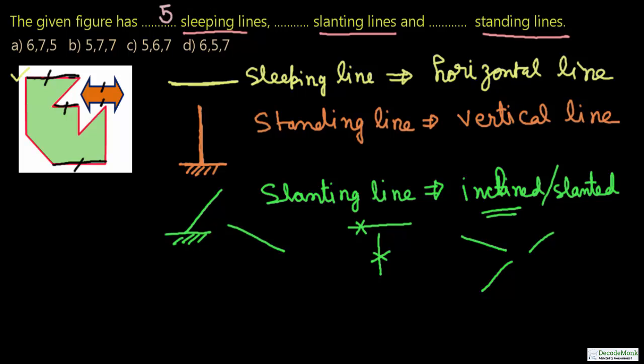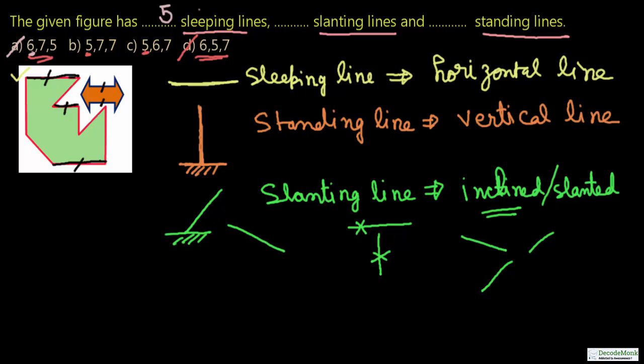Now after counting the number of sleeping lines, we can eliminate option A because option A has got 6 for the first blank, and option D has also got 6 for the first blank, and these two are obviously not the answers. Option B has got 5, yes. Option C has also got 5 as the first option for the first blank. So either B or C will be the correct answer.